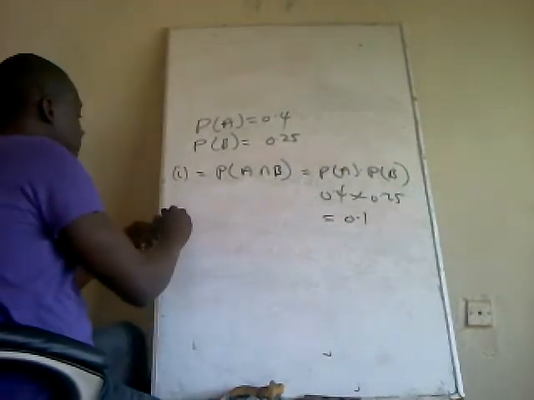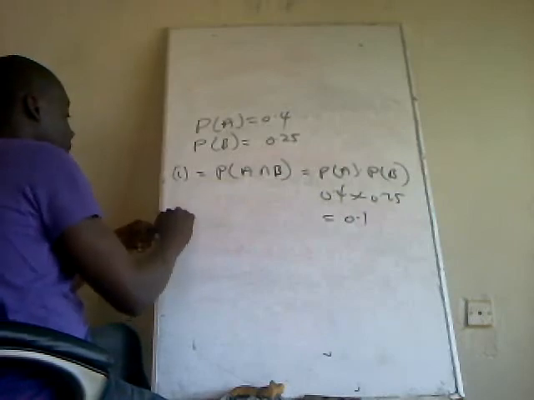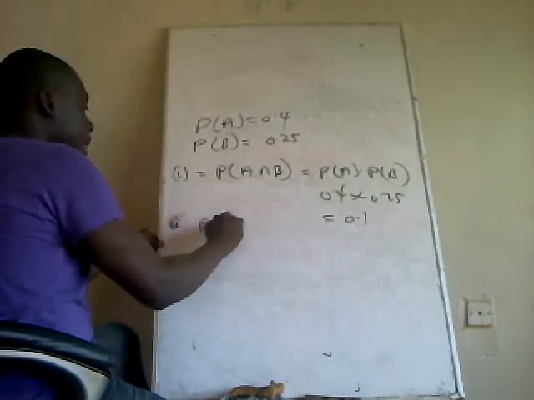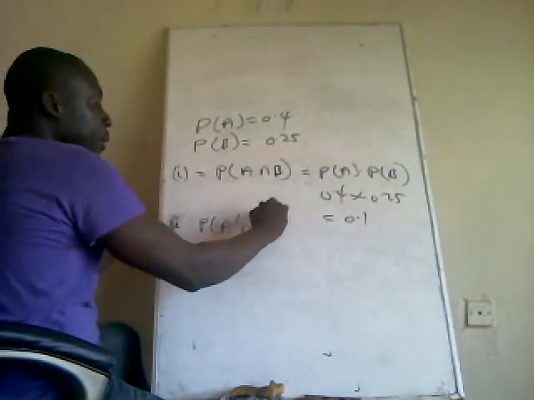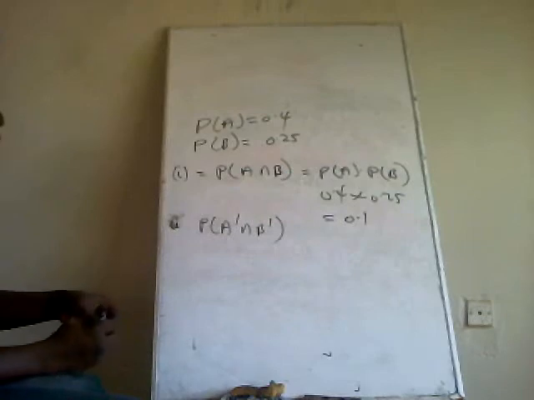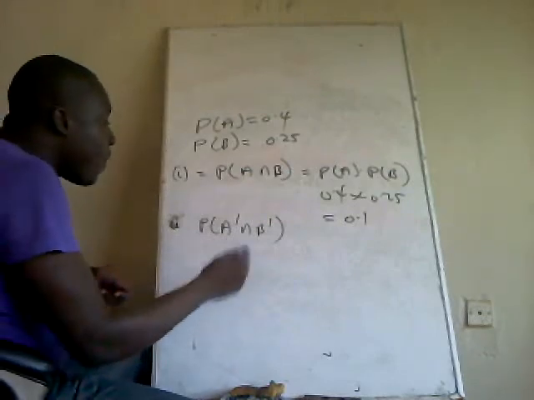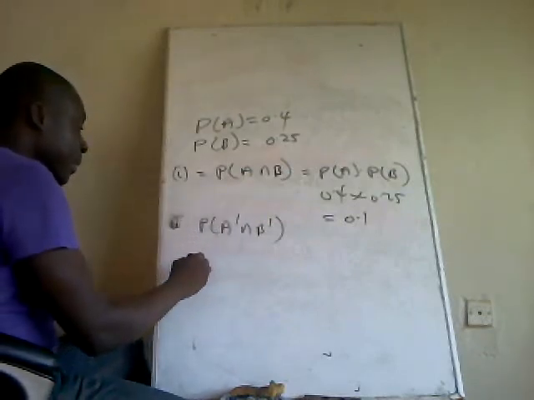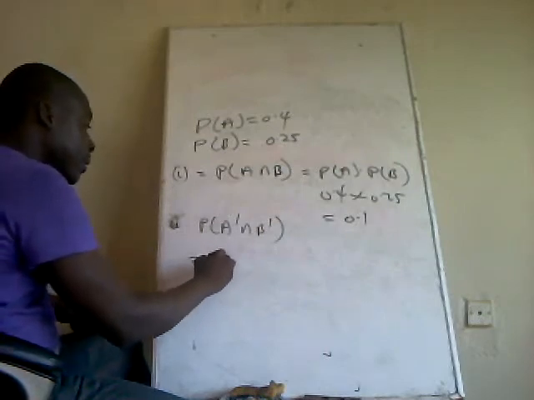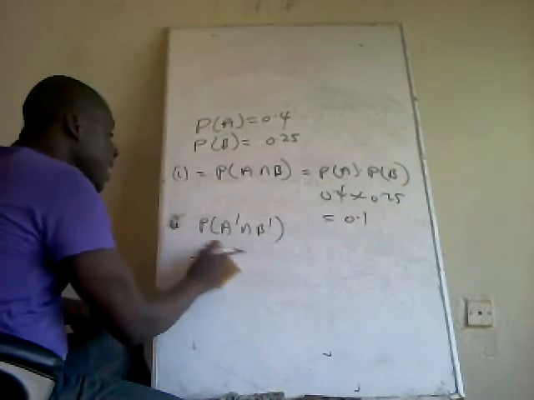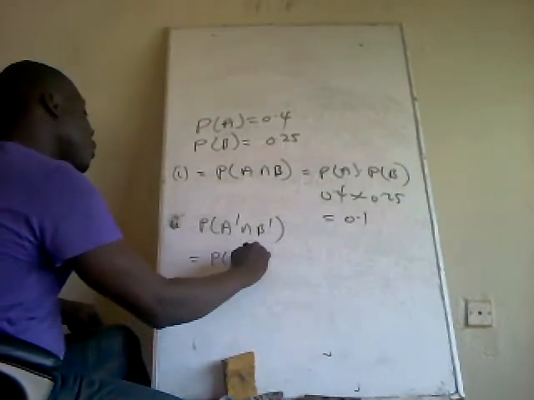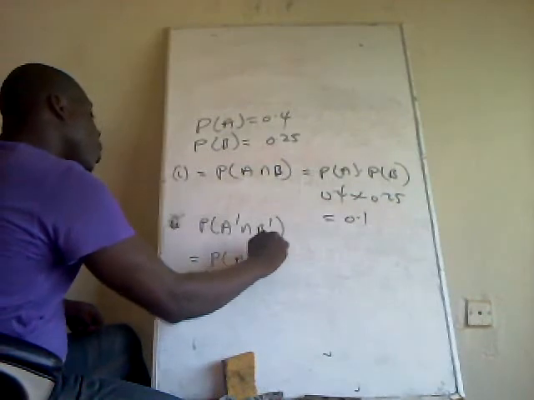Next, we are supposed to find P of A prime intersection B prime. Remember, we said that A prime intersection B prime is the same as, by De Morgan's law, P of A union B all prime.